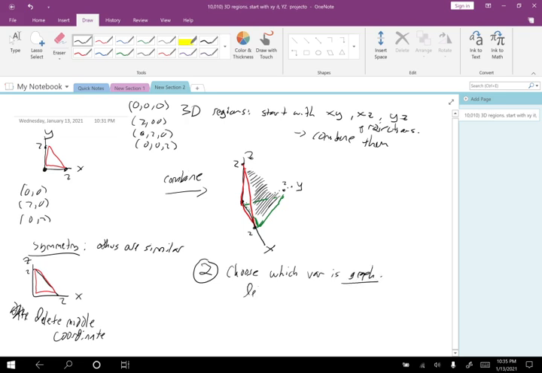So let's use z. And we'll say z is now a function of x, y. This will be the upper and lower boundaries. Well, actually, the lower boundary in this case is nice. We can just use z equals 0.